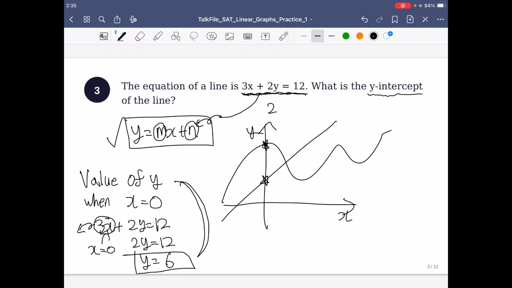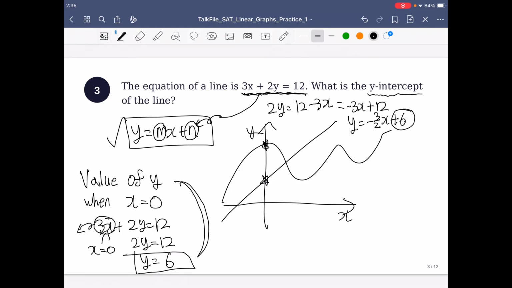So 2y equals 12 minus 3x. Change the order: minus 3x plus 12. Then divide each side by 2. y equals minus 3 over 2 x plus 6. Then we know this is the y-intercept.